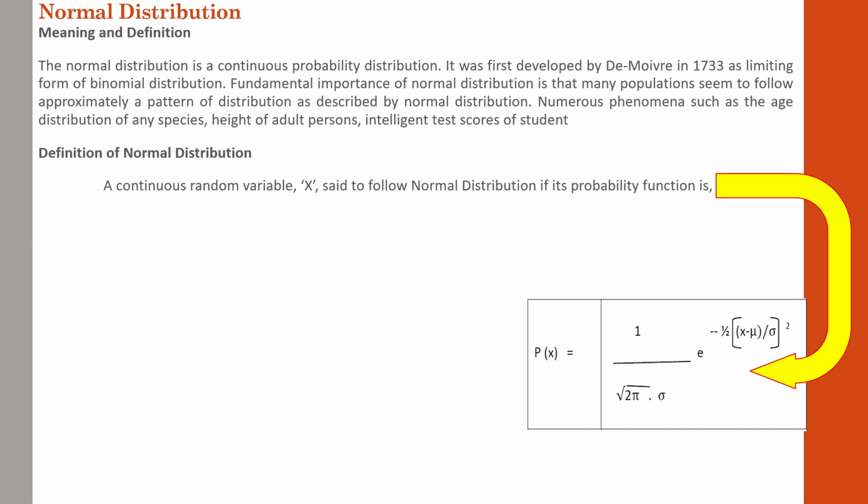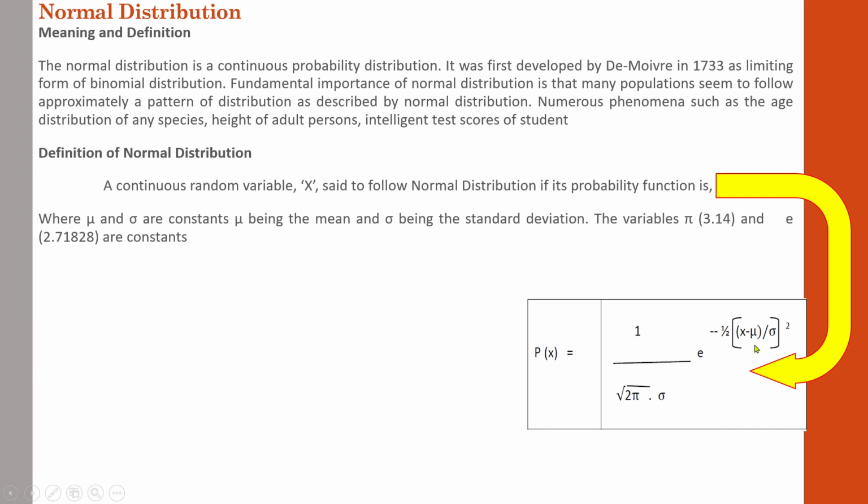With regard to this probability function of normal distribution, remember the signs and the terms mu and standard deviation are constants, they will remain the same, and mu being the mean, the name of the sign is mu, otherwise known as the mean of normal distribution. Mu being the mean, and this one is known as sigma, or standard deviation.